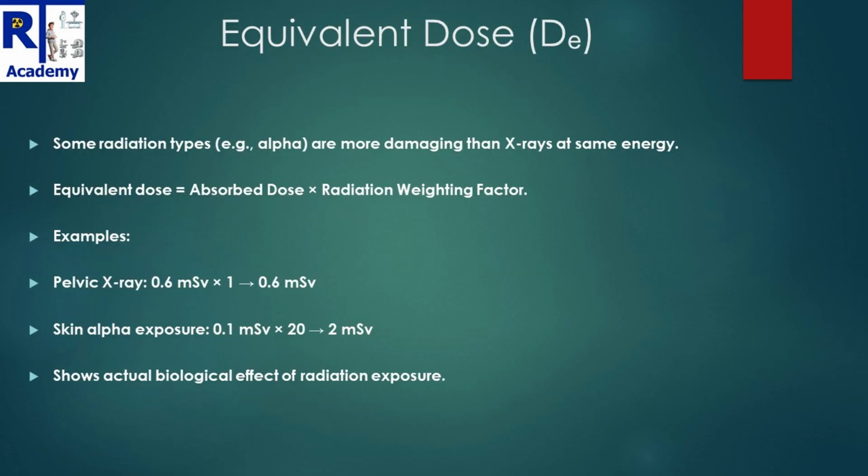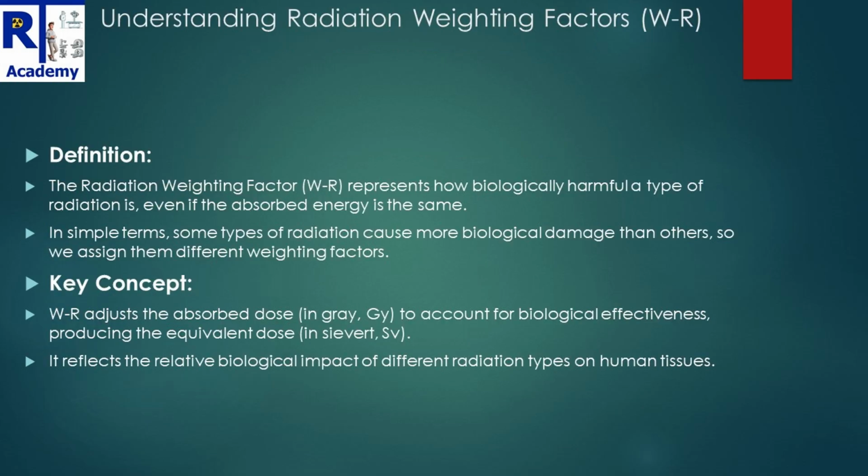2. Equivalent dose. Simple definition: some types of radiation, like alpha particles, are very damaging even with low energy. Equivalent dose adjusts the absorbed dose using a radiation weighting factor to show the actual biological effect. Before we begin explaining the dose formulas, it is important to understand a key concept in radiation physics: radiation weighting factor WR.